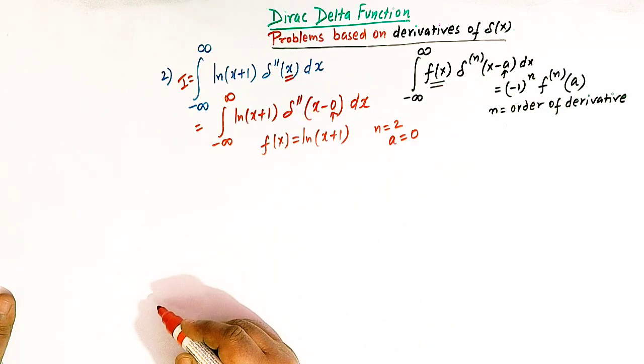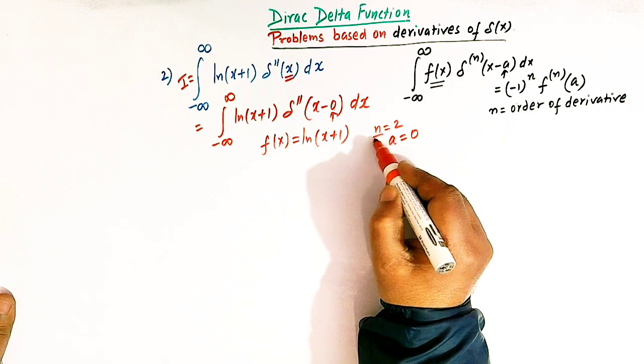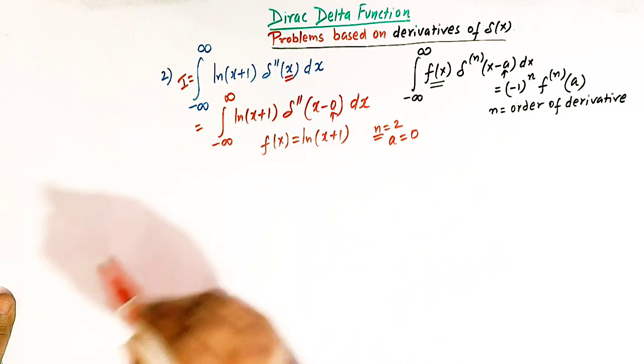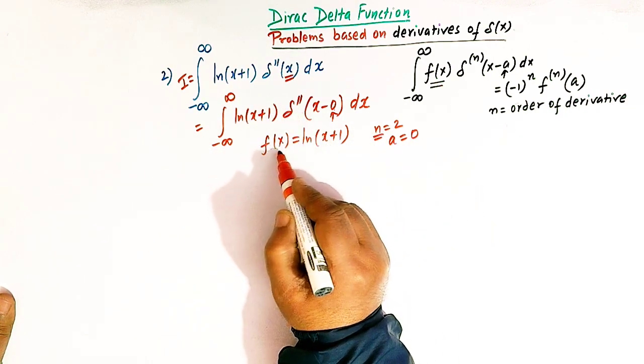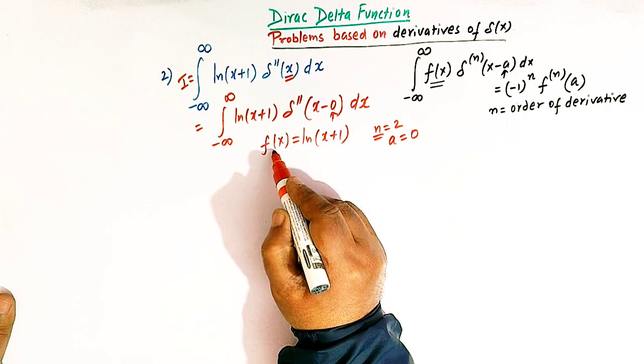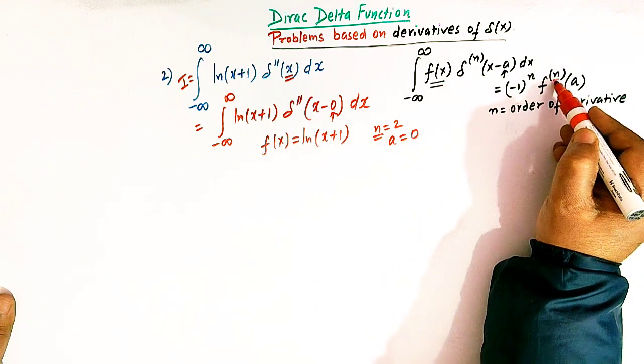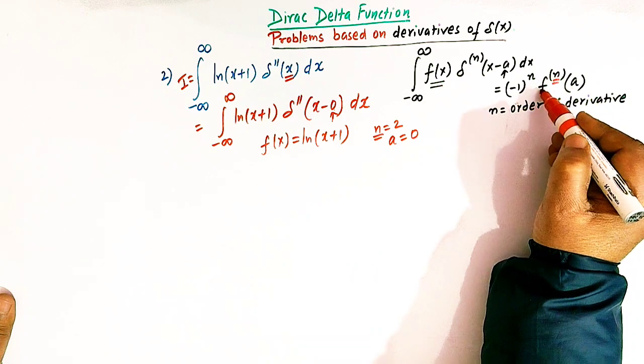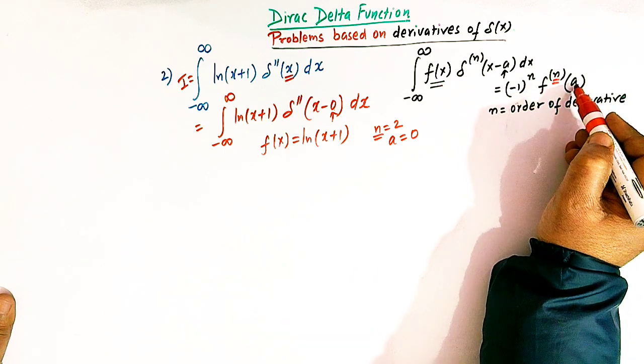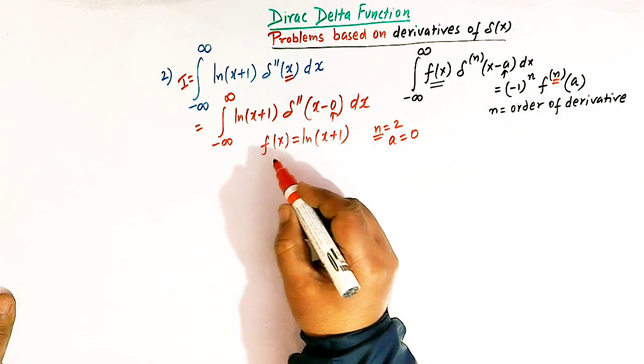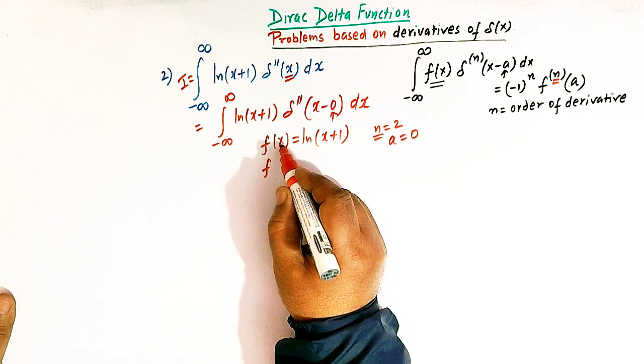So a is 0. So now here we have n equal to 2. It means we have to find the second derivative of this function f of x, because here we have the nth derivative of f at a. So we have to find the second derivative of f of x.